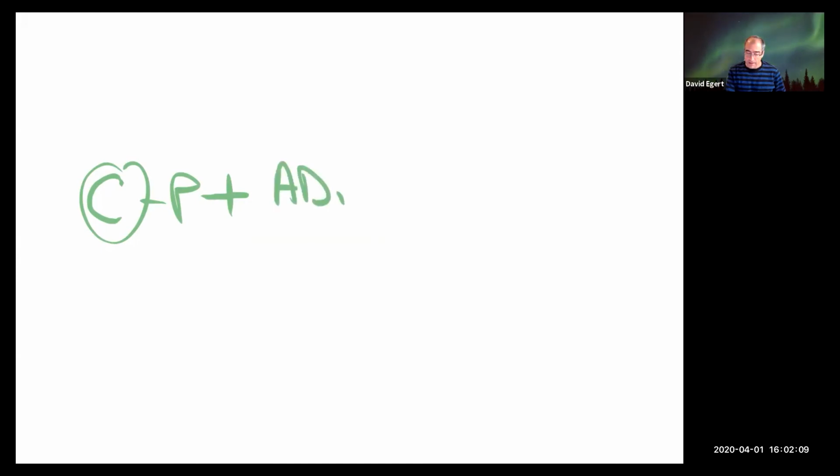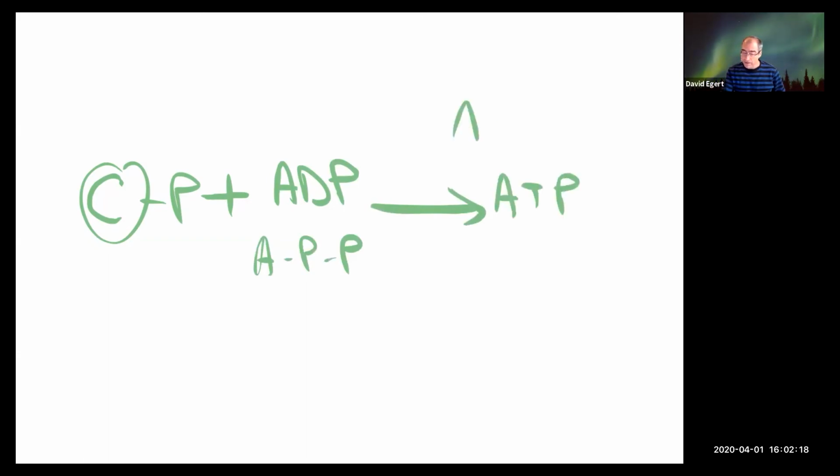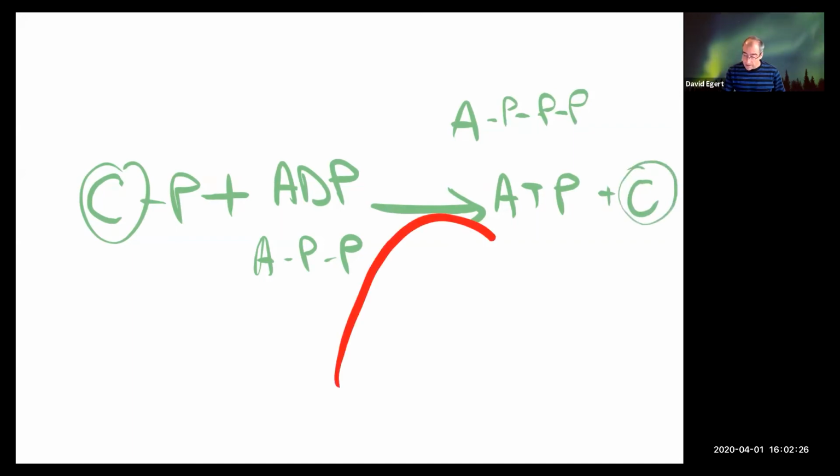So we have creatine phosphate plus ADP, which is just an adenosine with 2 phosphates, becomes ATP, which is now adenosine with 3 phosphates, plus the creatine. So what kind of enzyme?